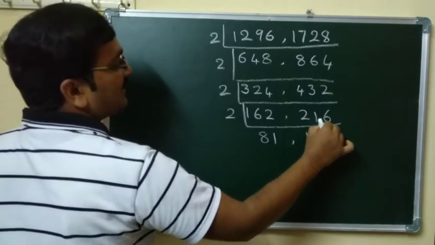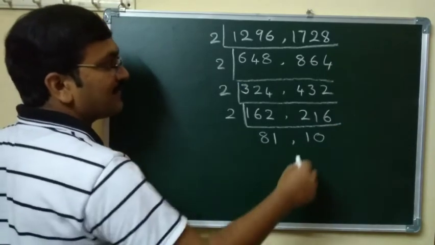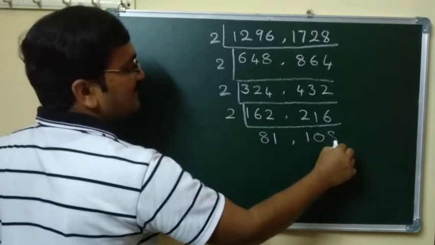See here, the 1 won't go, so we have to keep the 0 because they take the next 2 digits. So that is 1 and 6, 16, 2 eights are 16.